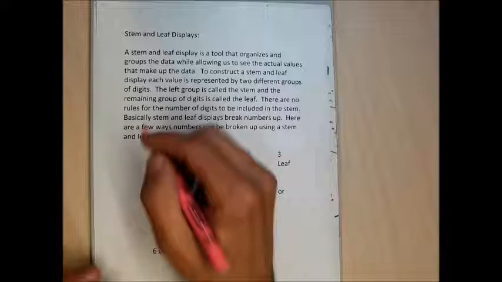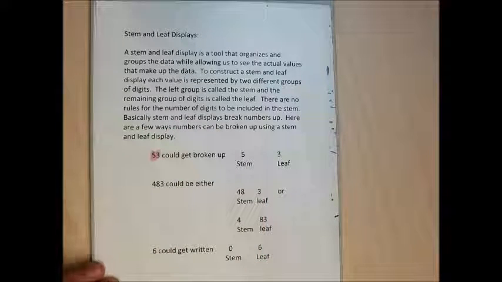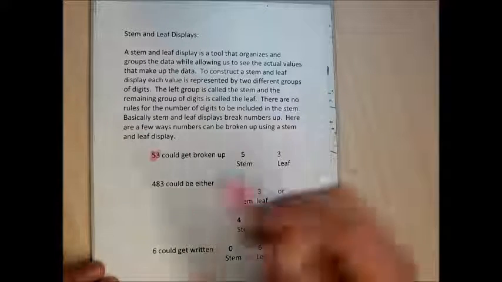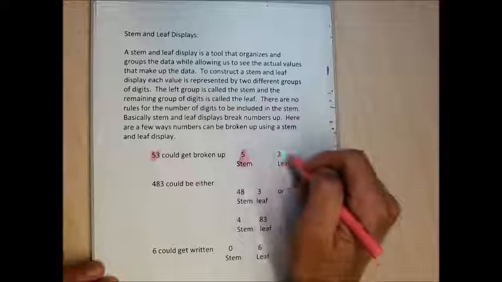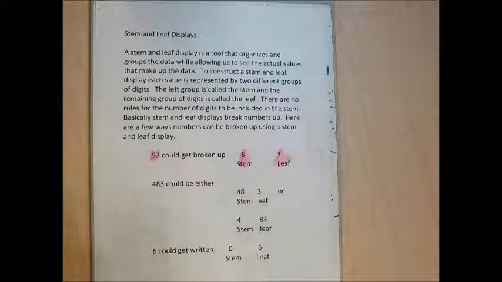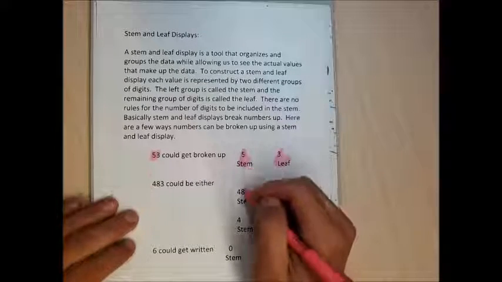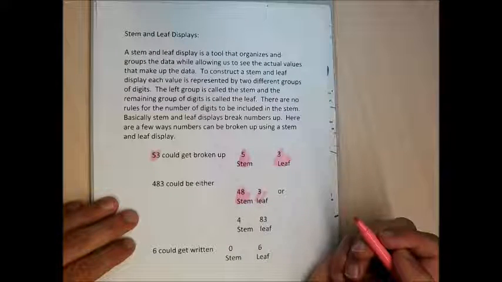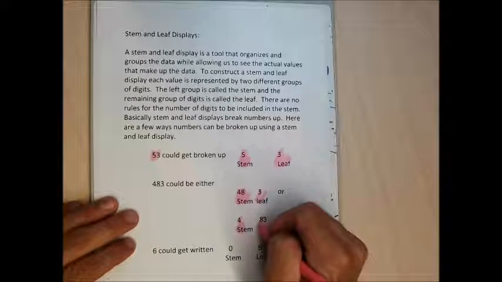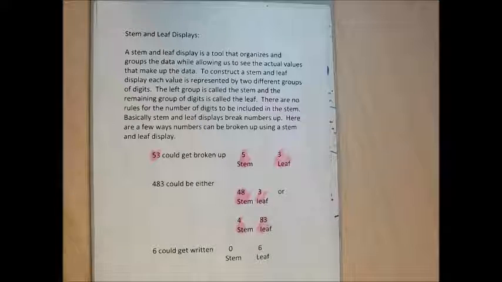So the number 53, if I need to break it up into a stem and a leaf, there's only two numbers and I need two components, so I can call 5 the stem and 3 the leaf. For the number 483, I could make two different ways. I could call 48 the stem and 3 the leaf, or 4 the stem and 83 the leaf.